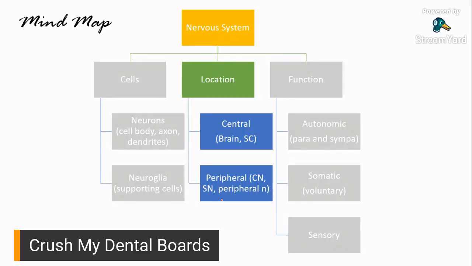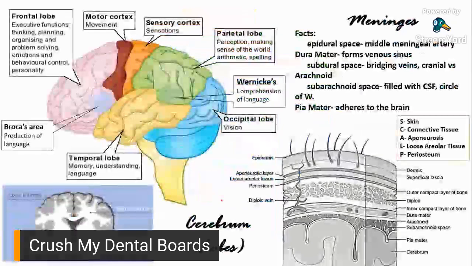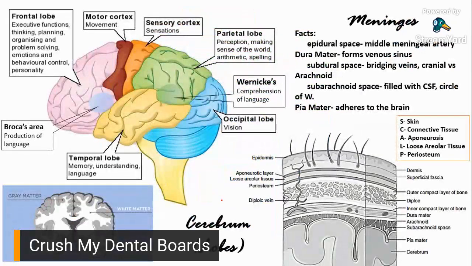Okay. All right. So nervous system based on location. This is going to be like brainy because you'll see a lot of them. And there you go. Let's start with your brain. So again, based on location, we have your central nervous system.